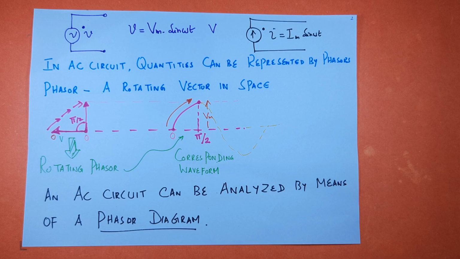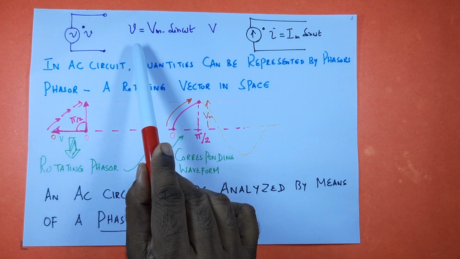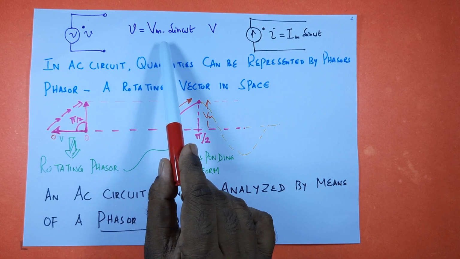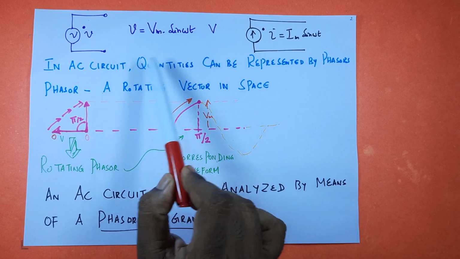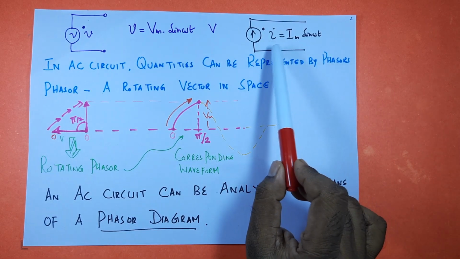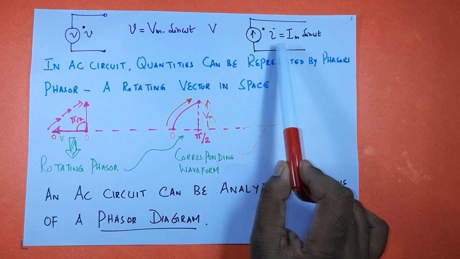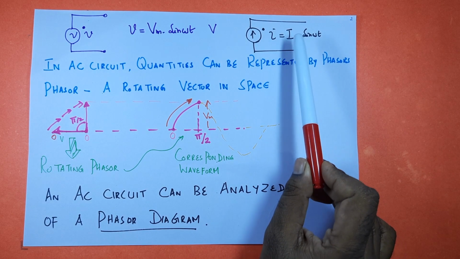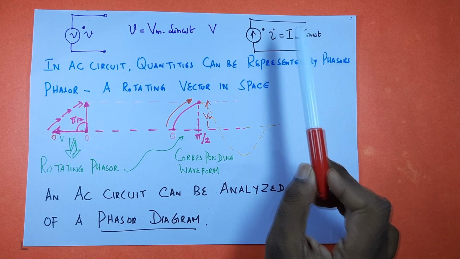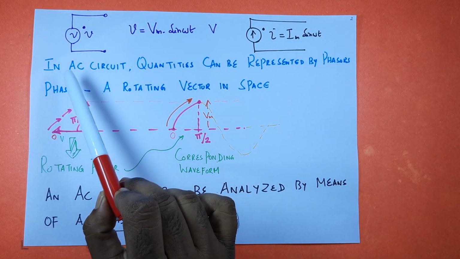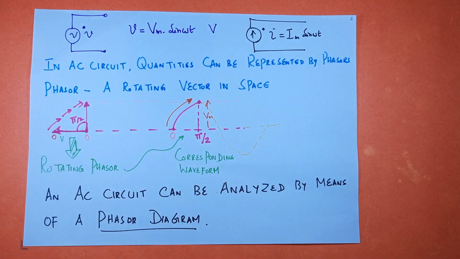Your AC quantity may be a voltage or it may be a current. If it is voltage, it is represented by v equal to Vm sin omega t, mostly sinusoidal as I told. If it is a current excitation, small i equal to Im sin omega t. Here Im is the maximum value, and again Vm is the maximum value.